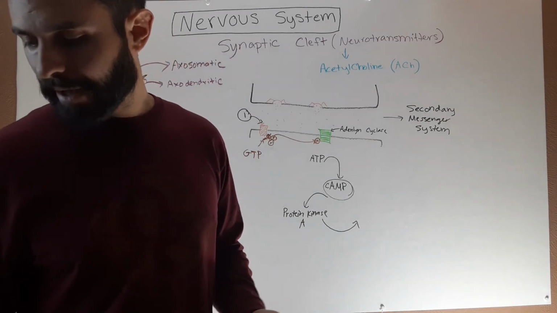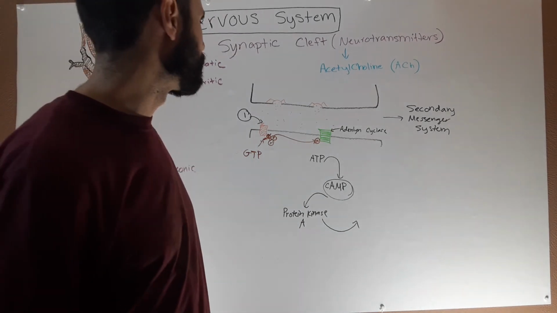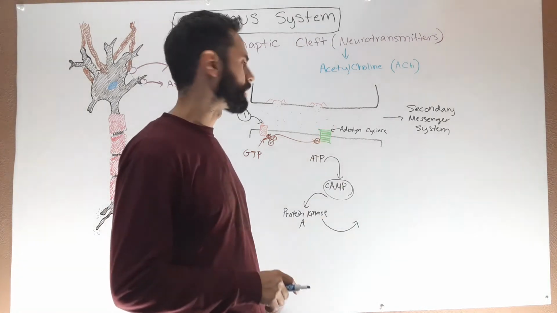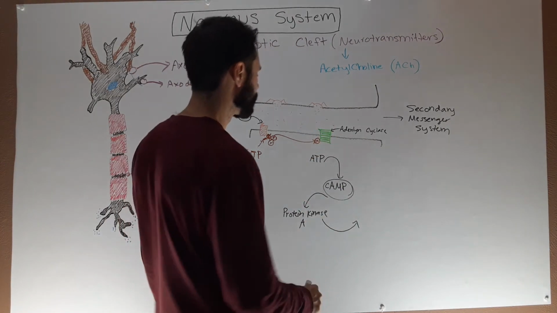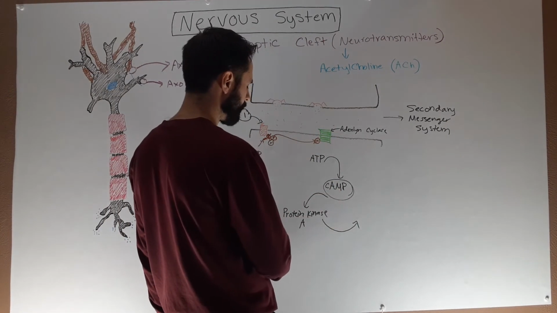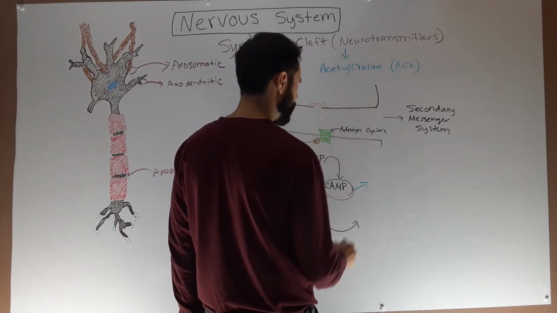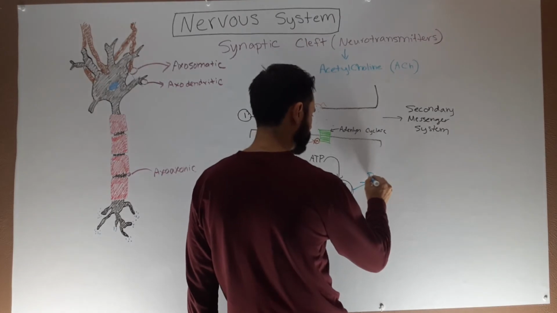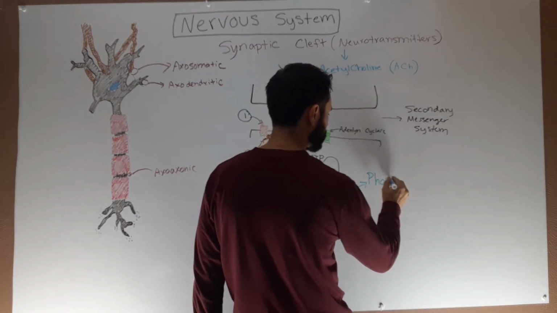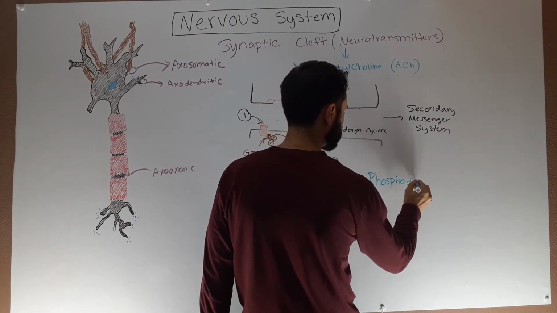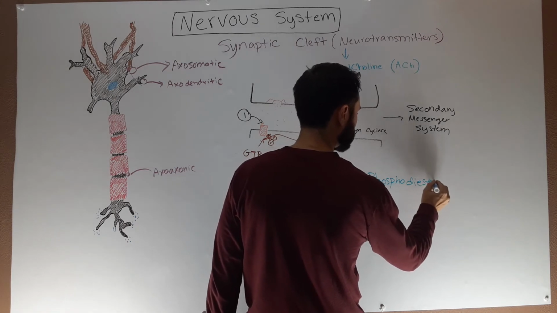And then if you're going backwards, I can't remember the whole process of going backwards, but obviously this neurotransmitter can't stay in there forever. This is going to be degraded by an enzyme called phosphodiesterase.